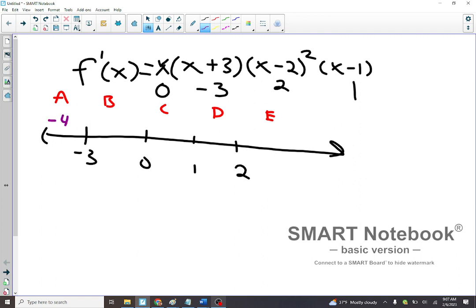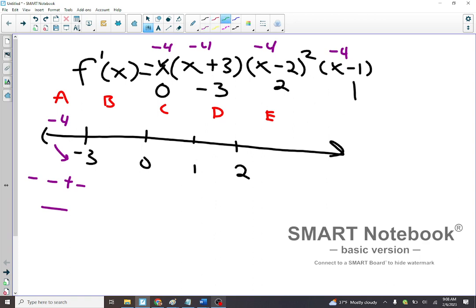All right, so the first thing I'm going to do is take a number from section A, let's say -4. I plug in -4 for all of the x's and see what values come about. Again, I don't actually care about the number, I just care about the sign. So I get a negative, a positive, and a negative. Overall, negative times positive times negative is one big negative, which means in this section it is going downwards.